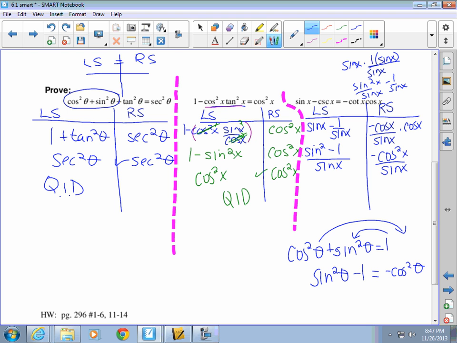So I've just moved from the left side to the right side to the left side. So sine squared theta minus 1 is the same as negative cos squared x over sine x. And on this side, I already have negative cos squared x over sine x. So left side is equal to right side. Proved what I needed to prove.